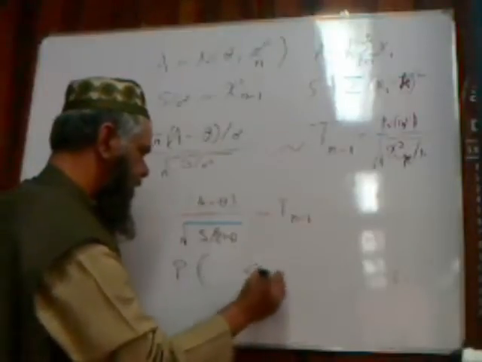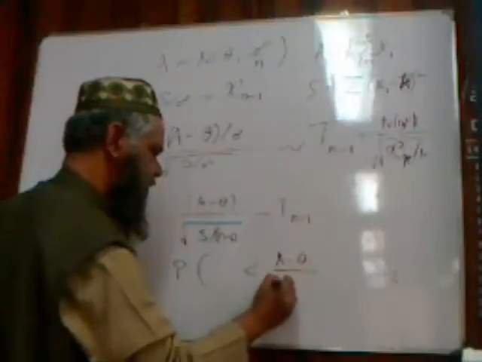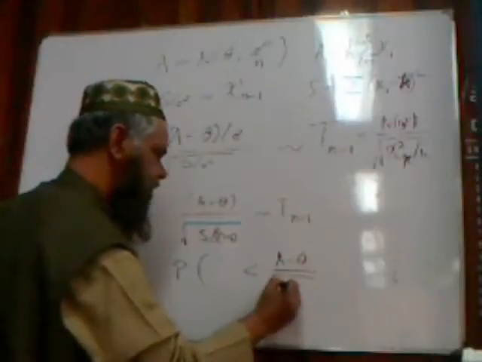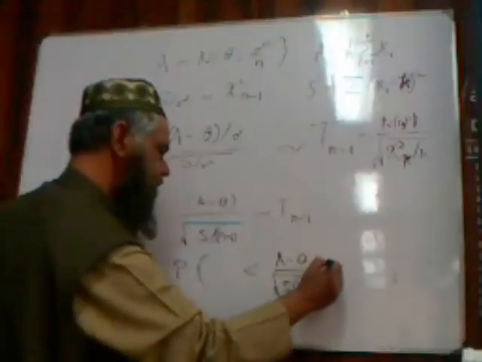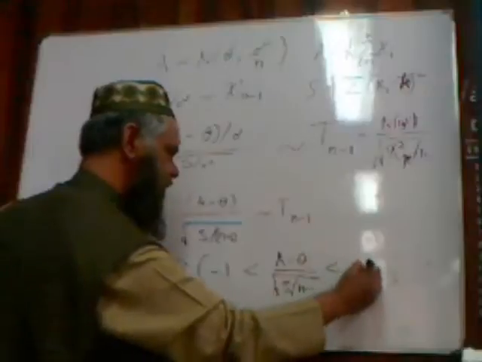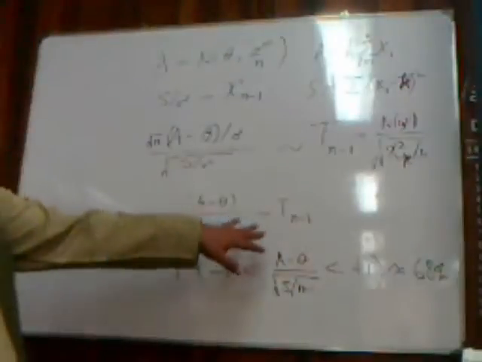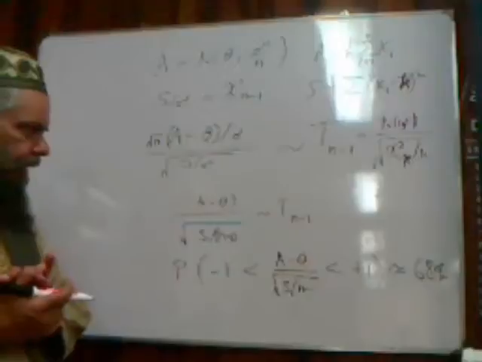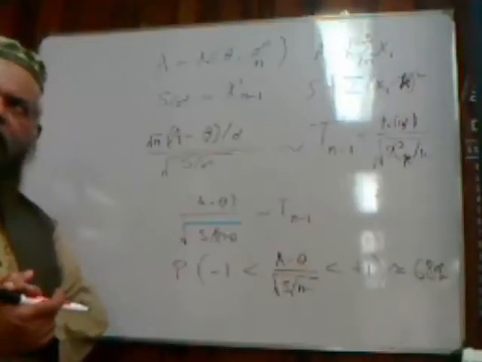The probability that A minus theta over the square root of S divided by n minus 1 is between minus 1 and plus 1 is about 68%. This is true for large n, because for large n, the T distribution is a normal 0, 1.